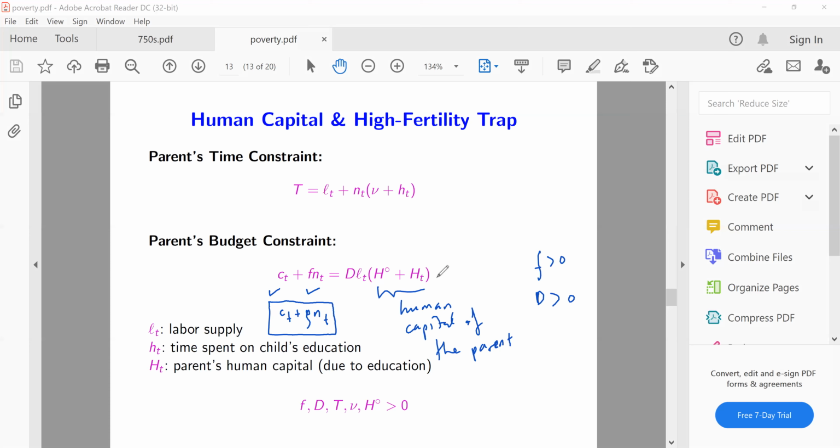Now, human capital of the parent has two components. This is the innate component, and this is obtained through education. Okay, so the innate component is there. It is the type of raw skills that everybody has.